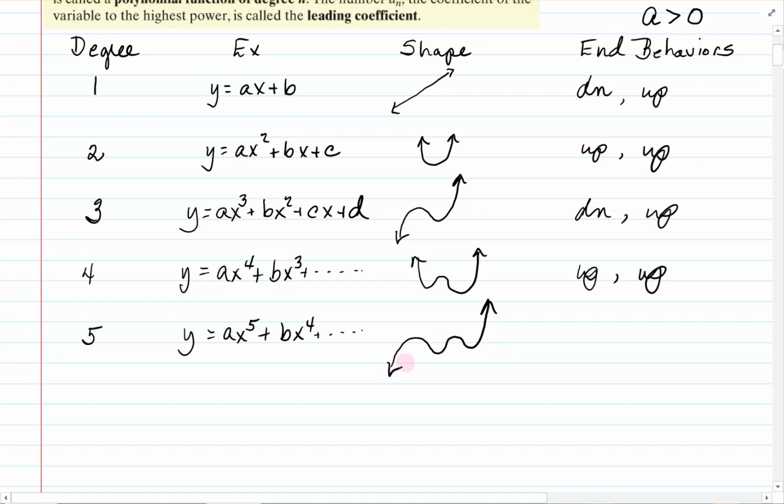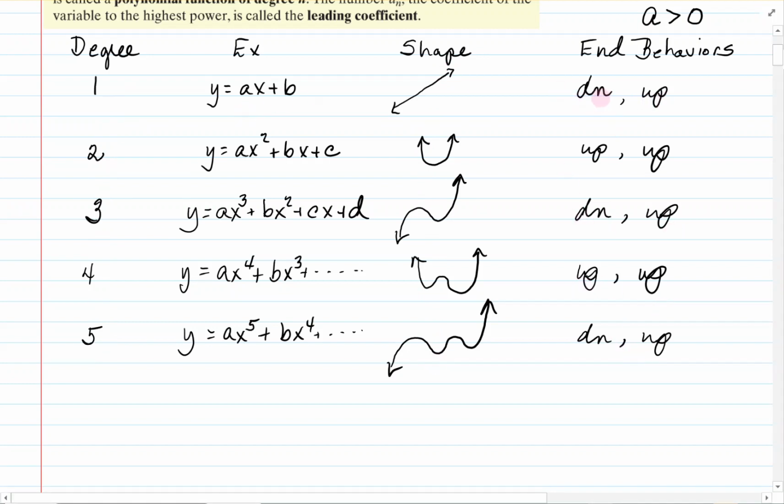The end behaviors, on the left it's going down, and on the right it's going up. I think you can see that the higher the degree, the more of those turning points you have. Nevertheless, you can hopefully summarize there's a pattern.